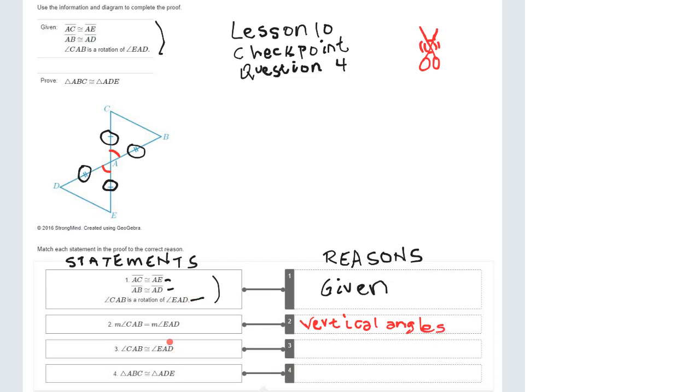Line 3, change my color again. Line 3, angle CAB is congruent to angle EAD. So it's the same, right? This was the measure of, and this is the angle itself.